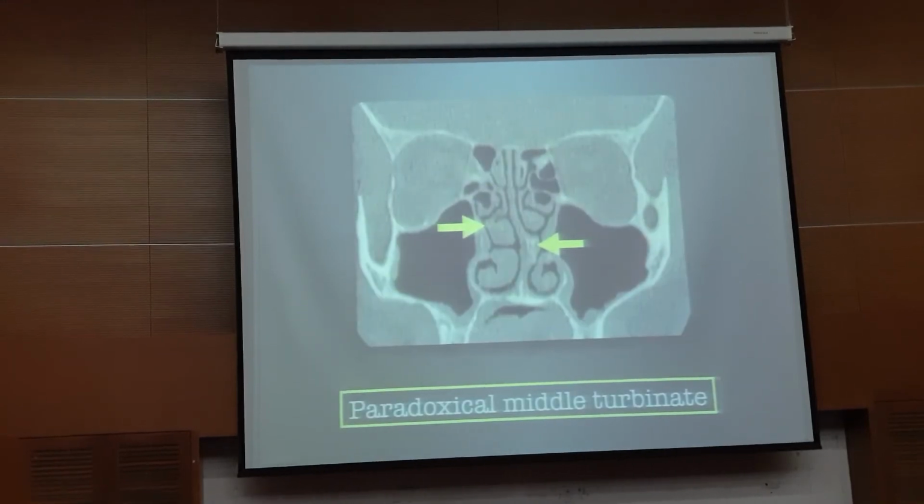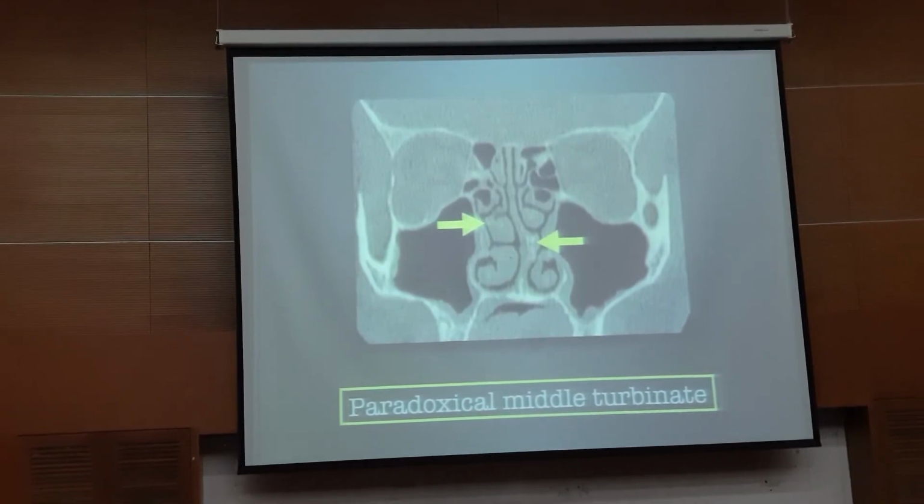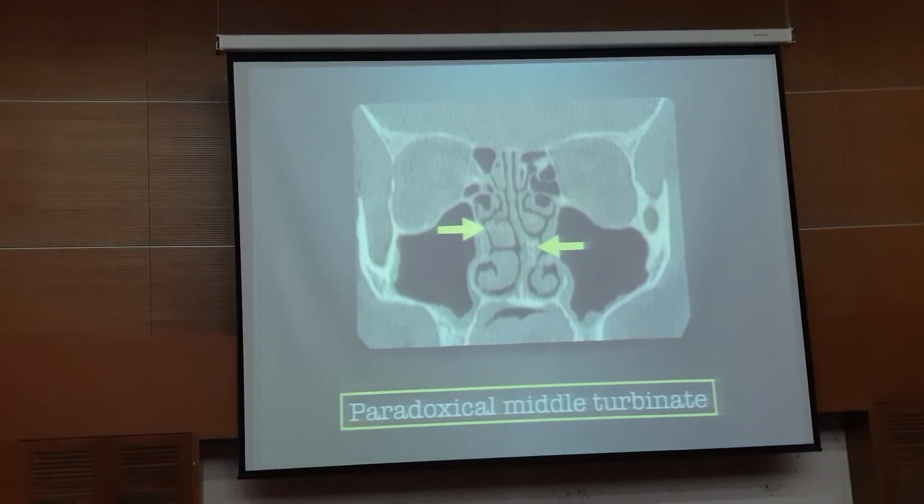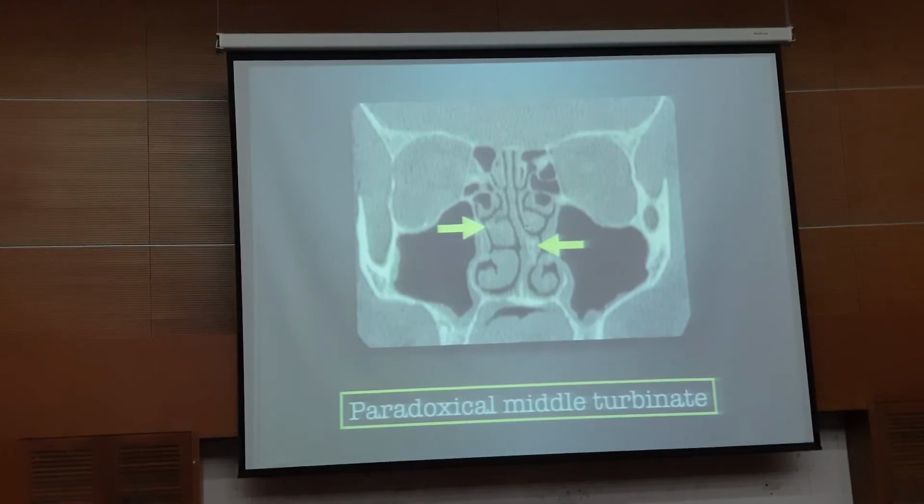Right, so here we see a nasal septum that's deviated to the left. There is also a nasal spur here, and you can see that usually the convexity of the turbinates is towards the septum, right? You notice that this is convex outwards. Do you see that?